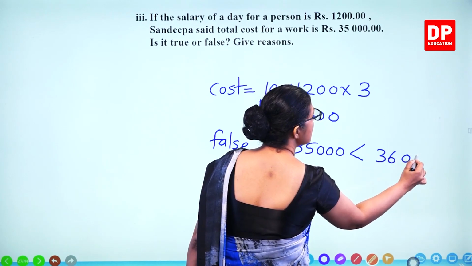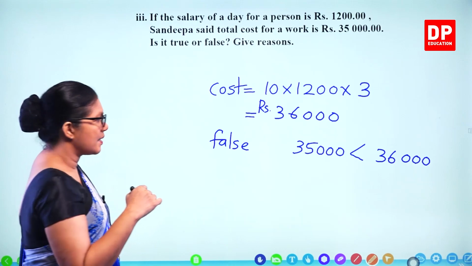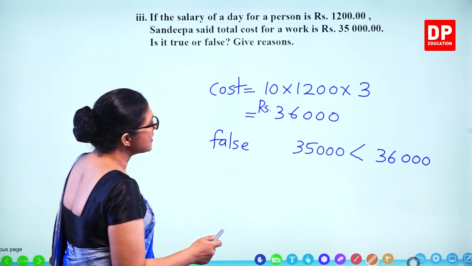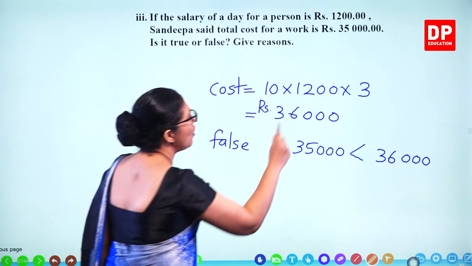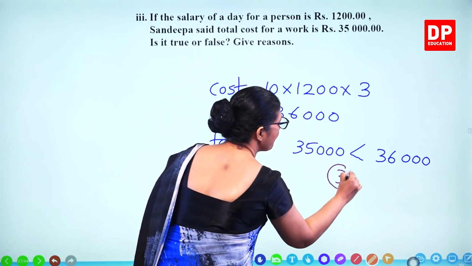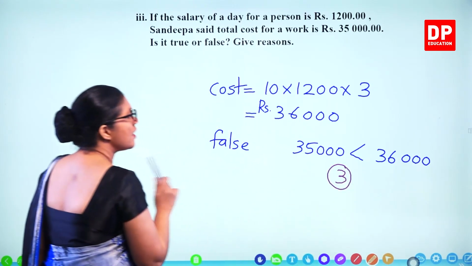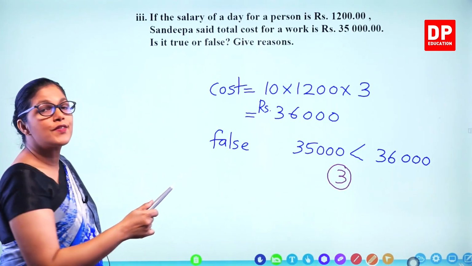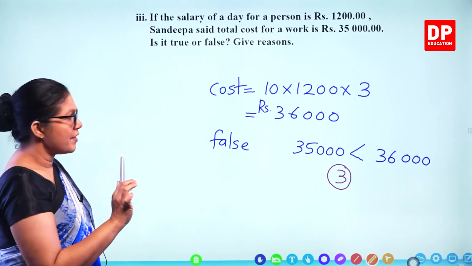You need 36,000 rupees. So this is less than this. So false statement. How many marks for this step? You get 3 marks for this question. So we gave 6 plus 3, you get 9 marks already.